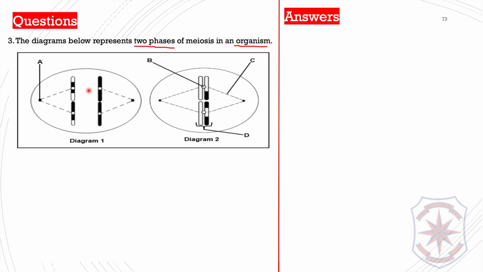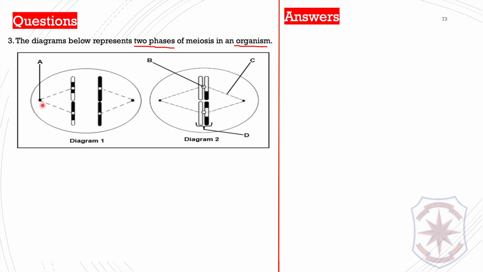And what we can see is that we have unreplicated chromosomes or chromatids that are moving to the opposite poles of the cell. Okay, and we know that when the chromosome splits and chromatids or unreplicated chromosomes move to the opposite poles of the cell, diagram 1 would therefore represent which phase? It would represent anaphase 2.